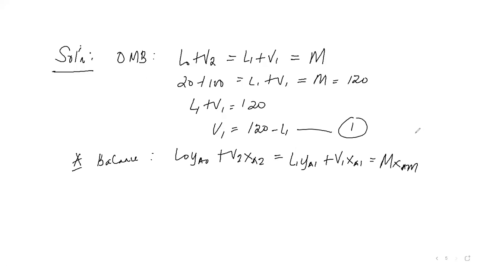If you notice with this one, you have L0 is equal to 20. Your yA0 is 1.0, as we have discussed a while ago, because your feed is all A and what you have in the denominator is only A. Your V2 does not have any A because it's all solvent, so this automatically will be equal to 0. Now, here you will have all of this unknown: L1 yA1 plus V1 xA1, and you have your 120 xAM here.